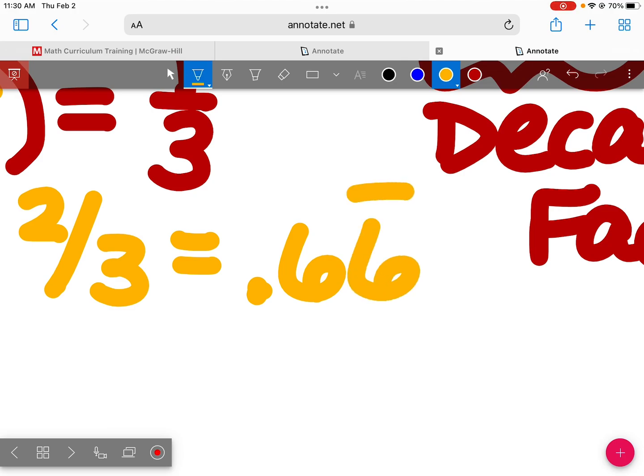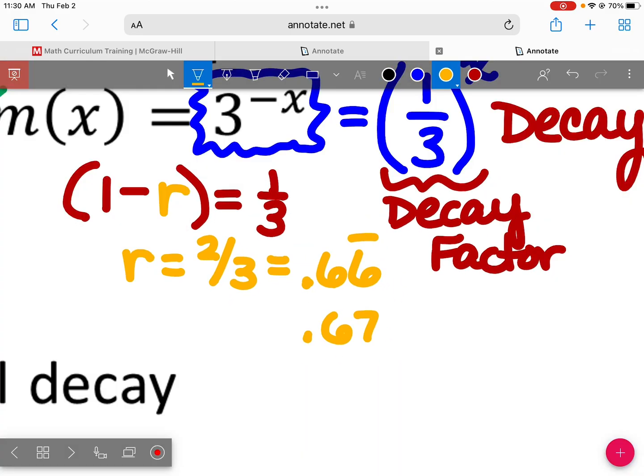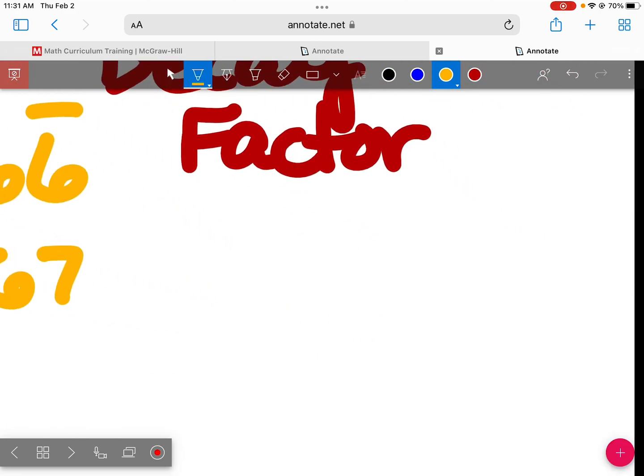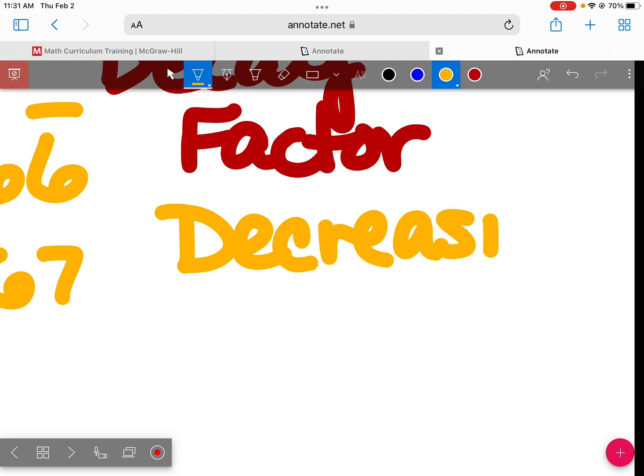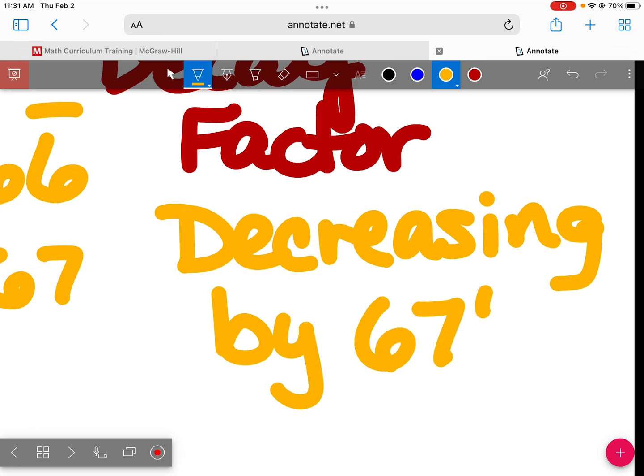You guys okay if I write that as 0.67, so we just round it? Is that okay? So what is the percent of decay? 67%. This is decreasing by 67%.